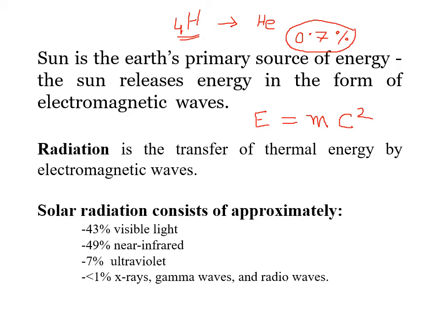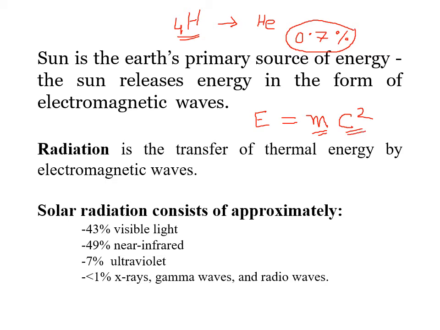Now if we put this reduced amount of mass in this equation, you can get an idea that the speed of light is enormously high, about 3 lakh kilometers per second. So c square is much higher than that.